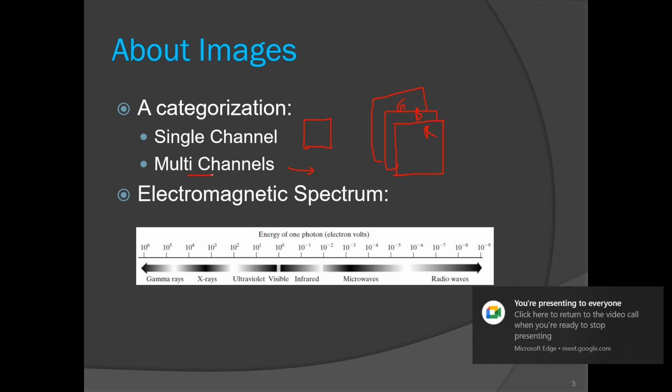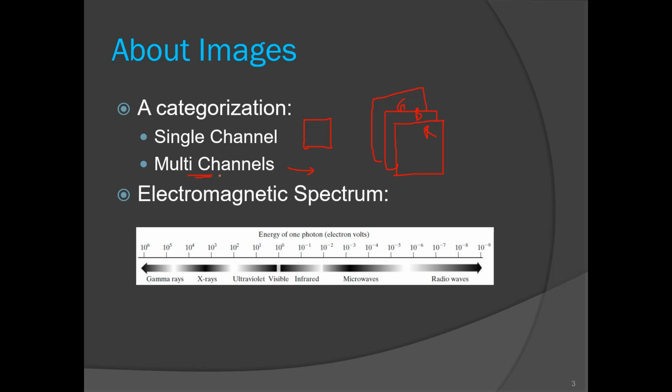Another example of multi-channel images is satellite images, where we have dozens of channels representing different information in each channel. In our regular imaging, we capture the image using only the visible band.